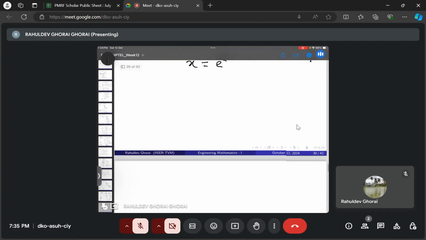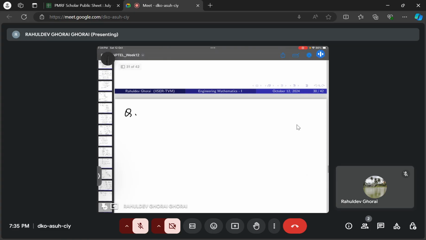Okay, so let's say you want to solve a question. Let's say this is the question: solve x cube d cube y over dx cube minus 4 x squared d2y over dx2.